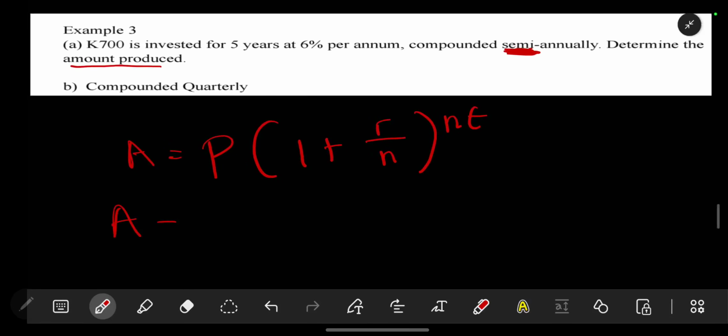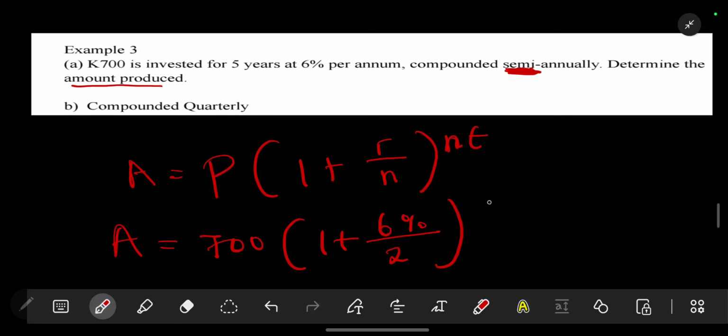So we are calculating the amount, which is our A, should be equal to the principal, 700, times 1 plus what is our R? The rate is 6%, over the N, which is our 2, then our N, which is the number of times it is compounded, 2, times our time, which is the 5 years.